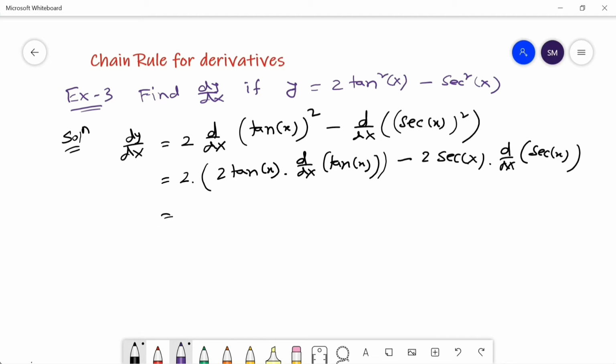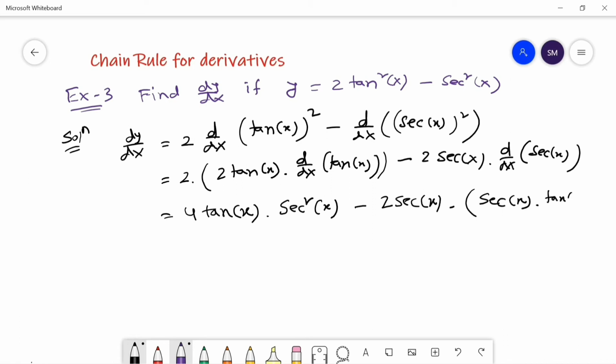So simplify this one, we will get here 4 tan x, and derivative of tan x is secant square x, minus 2 secant x, and derivative of secant x is secant x tan x.